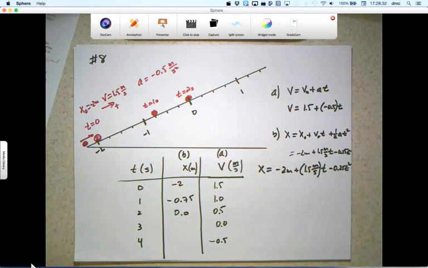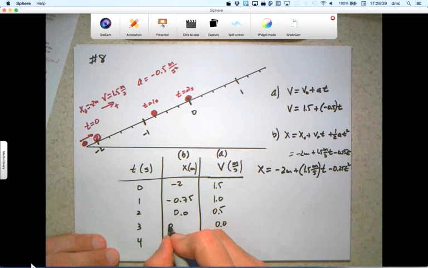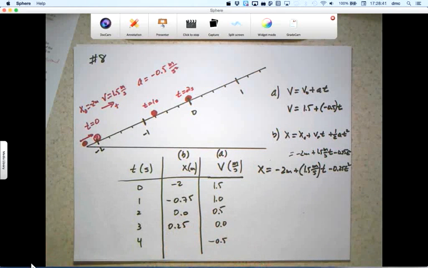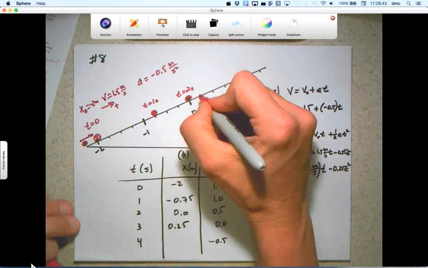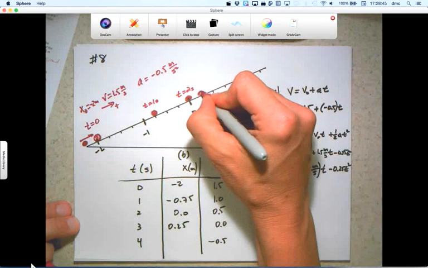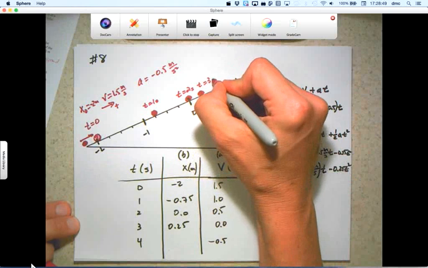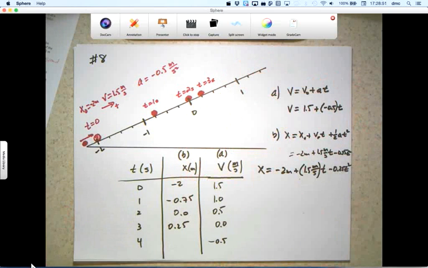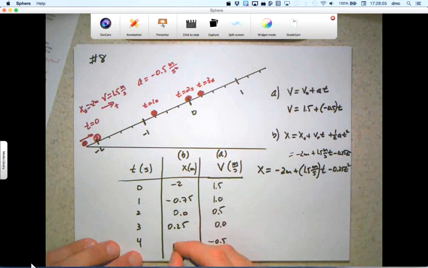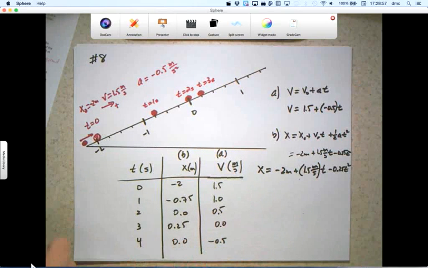At 3 seconds, it will have gone as far as 0.25 meters. So it's as far as here, and that's as high as it goes because we know that it stops at that position. And then at time t equals 4 seconds, it's back to the 0 position. So that means it will now have rolled back.